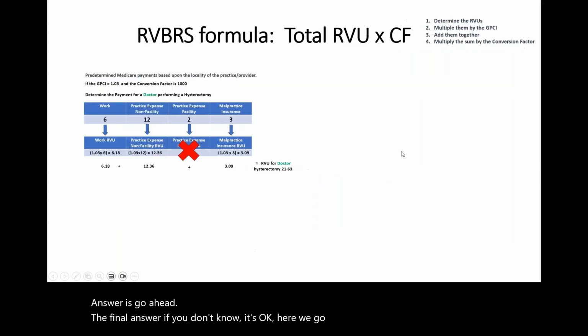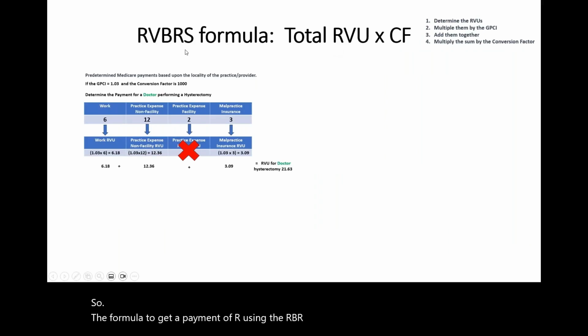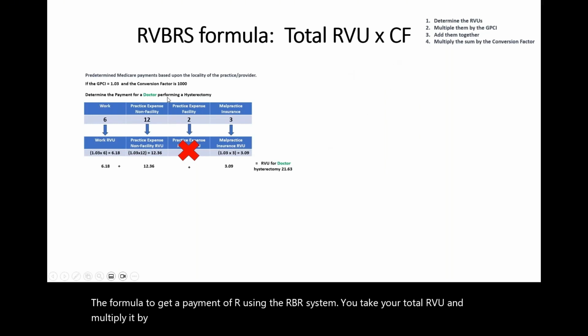Here we go. So the formula to get a payment using the RVU system is you take your total RVU and multiply it by the conversion factor. Our conversion factor is 1,000.